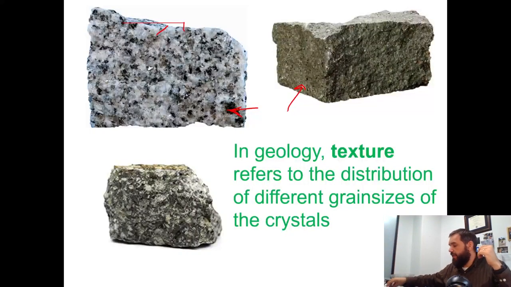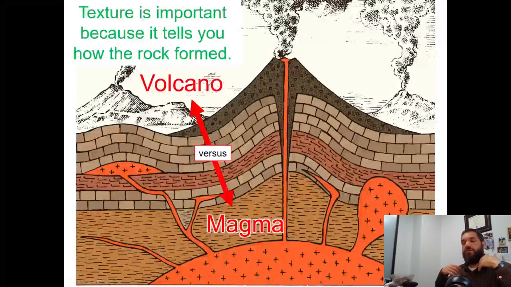So the main idea here is that when we say texture in geology, we're not talking about whether it's rough or smooth, we're talking about the distribution of different kinds of grain sizes in the rock. Well, what causes those different grain sizes? Remember that when a volcano erupts a lava on the surface, it doesn't have very much time to solidify.